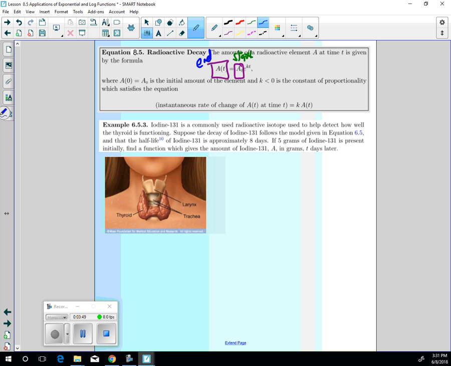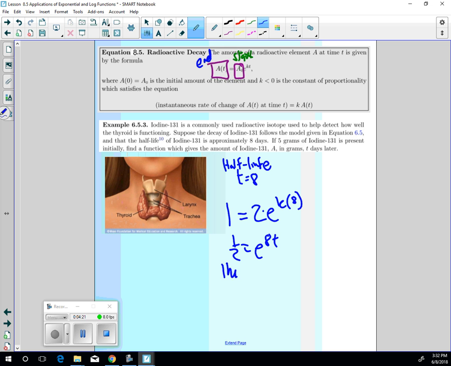Suppose daily iodine 131 follows a model and that the half-life of iodine is approximately 8 years. So we're going to do half-life. It's t equal to 8 years. So we're starting with a certain amount and we're ending up with half of it. You can put any number you want. Times e to the k, t is 8 years. So 1/2 equals e to the 8k.